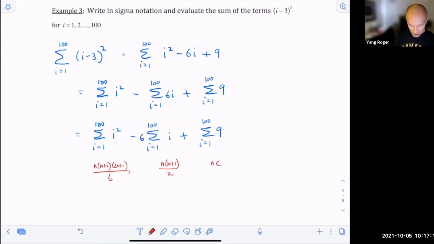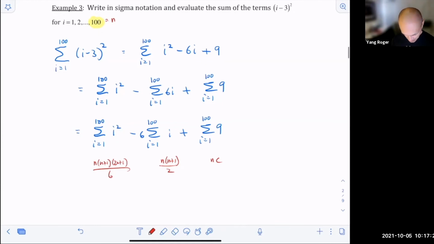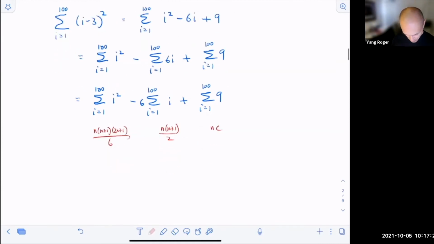Okay. So we need to acknowledge that when you're going up to 100, they're basically telling you that 100 is n. So I can just write in the different pieces here. This is going to be 100 times 101 times 201 all over 6.